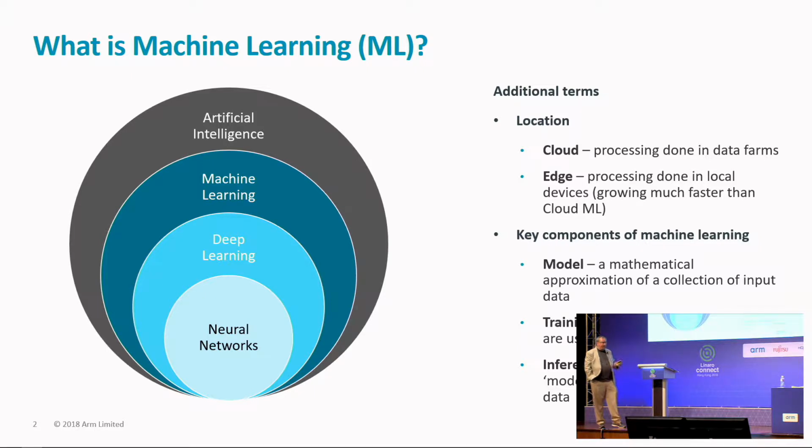First off, let's go through a little bit of the terminology that I'm going to use, so we've got some common ground. What I'm really going to be looking at is machine learning, the third ring of this onion here. When we talk about machine learning, we're talking about the construction of a mathematical model that you can train with a set of input data, generally training it in the cloud rather than at the edge.